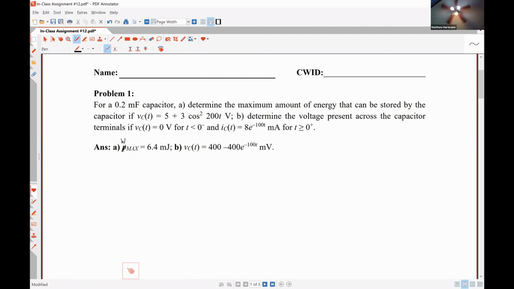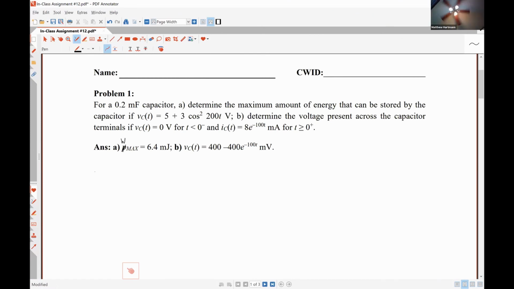So let me ask you guys a question. How do you think we should go about approaching this? I did 1/2 times C times VC of t squared.